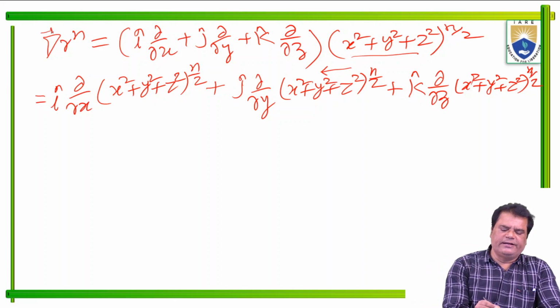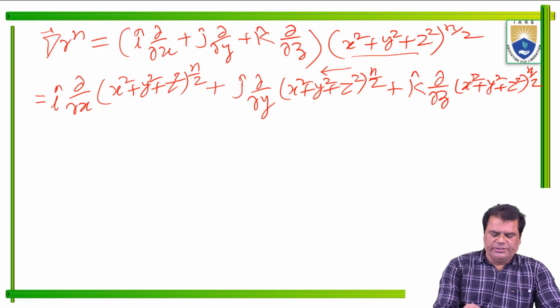Del is a vector, always a vector. This is a scalar.